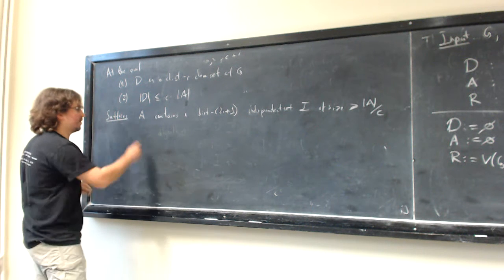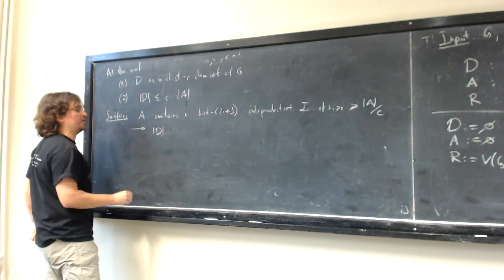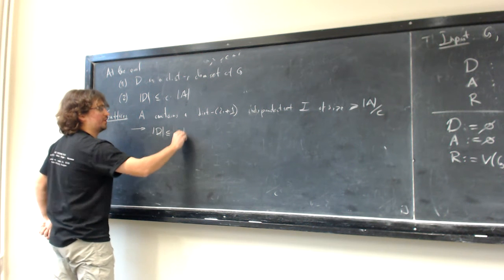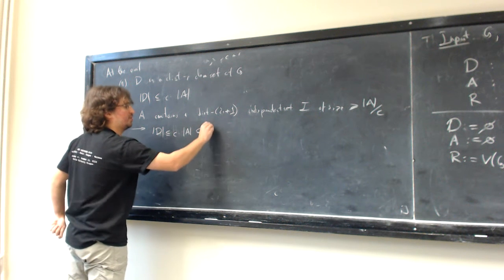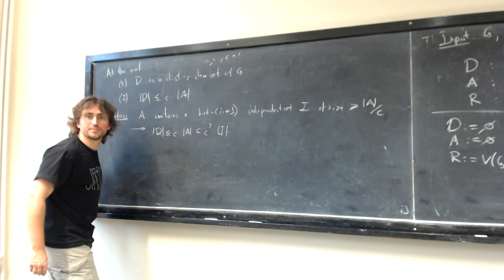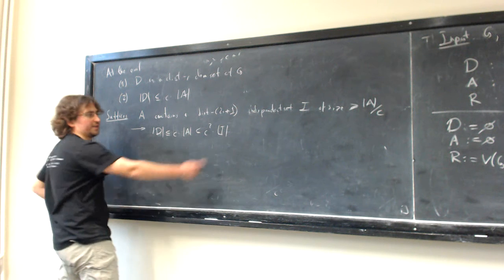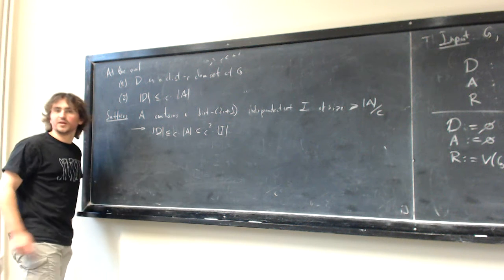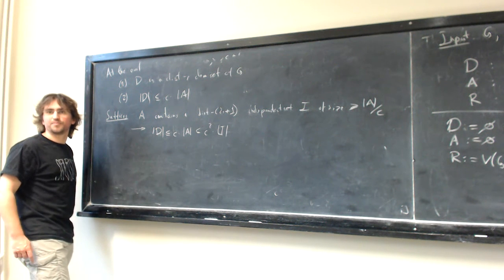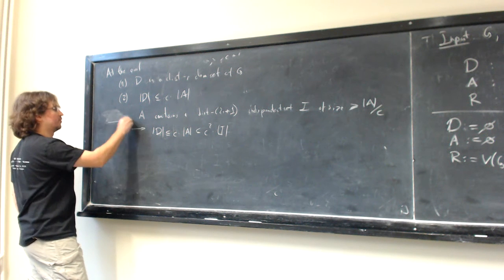Because if we have this, then the size of D is upper bounded by C times the size of A, which is upper bounded by C squared times the size of I. And this will be the dominating set and the independent set that we will output at the end. So now it suffices to prove this claim.